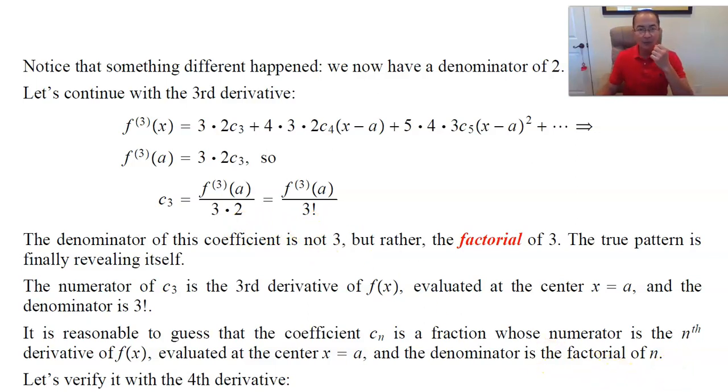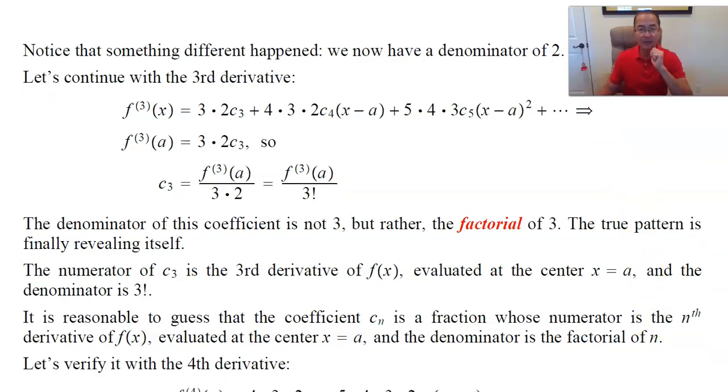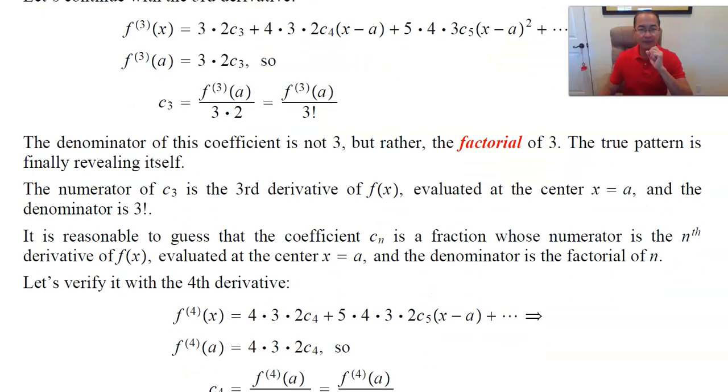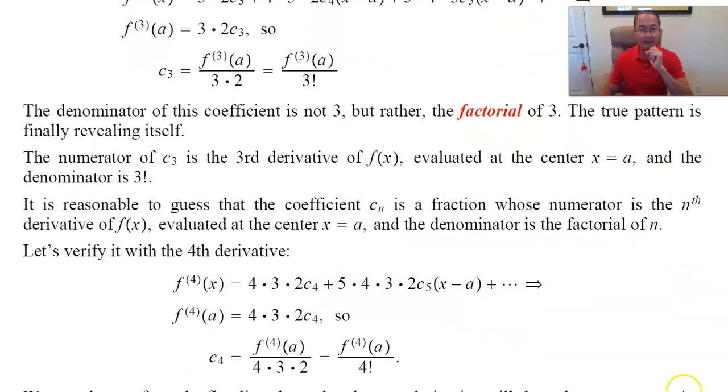Okay, so we verify this pattern with the fourth derivative. When we take the derivative of this, constant disappears. We are left with 4, 3, 2. This disappears, becomes 1. We take the derivative, we get 5, 4, 3, 2, c5 (x minus a) to the power 1, and so on. Okay, so the factorial is definitely appearing right before our very eyes.